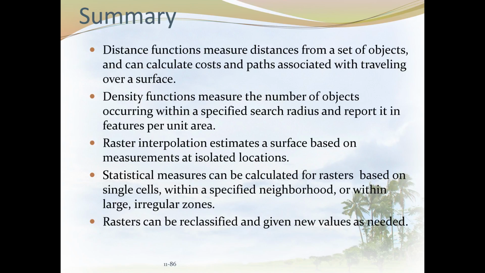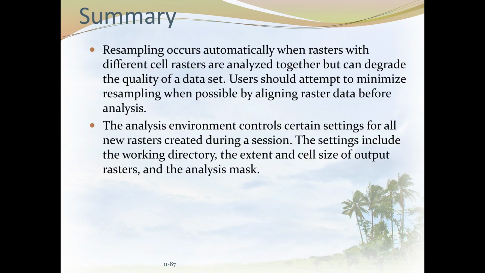And density functions measure the number of objects occurring within a specified search radius and report in features per unit area. And raster interpolation estimates a surface based on measurements at isolated locations. And statistical measures can be calculated for rasters based on single cells, within specified neighborhoods, or within large irregular zones. Rasters can be reclassified and given new values as needed.